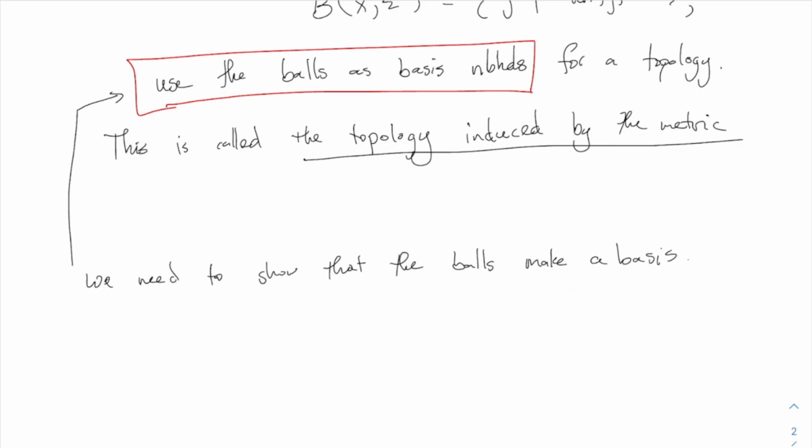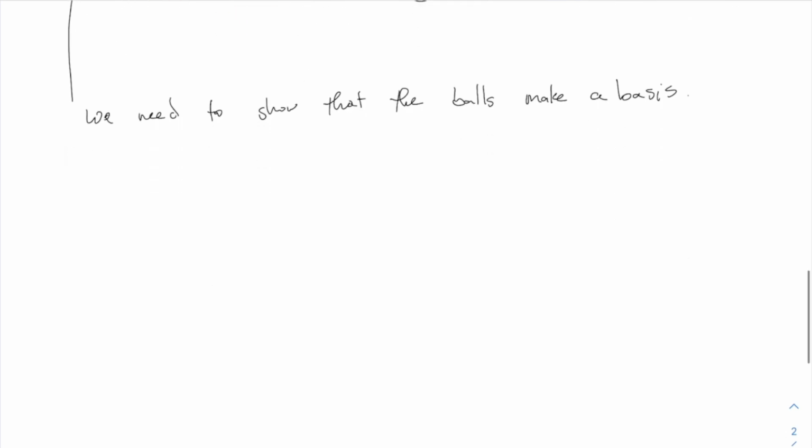And if you recall, there are two properties necessary to be a basis. But can I just remind us, first of all, last time we had a lemma, which we're going to have to use. That was the point of the proof that we did at the very end. We're going to use it as part of showing that the balls make a basis.